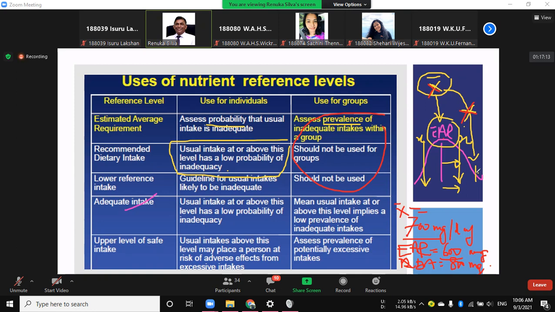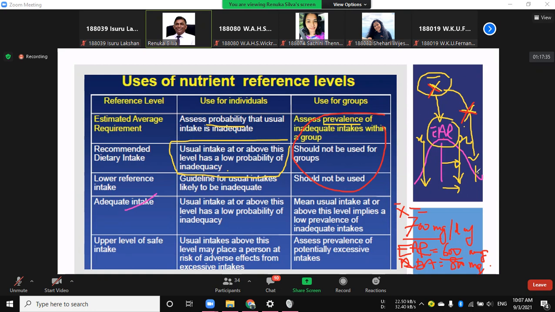Simply, everybody doesn't have to eat RDA. I told you that in human nutrition, different people need different amounts. So everybody in the population, as a population, should not eat RDA.